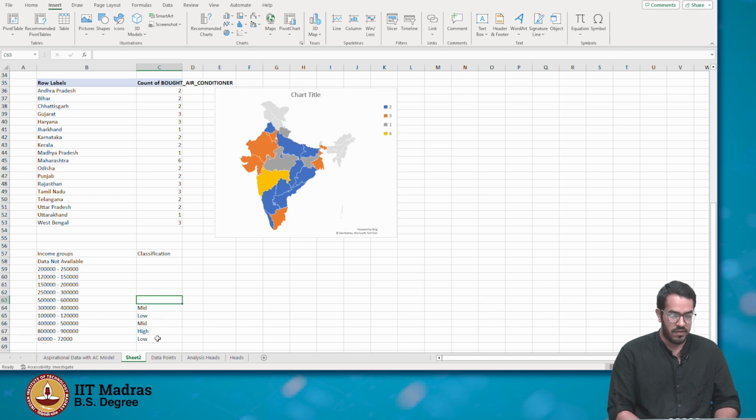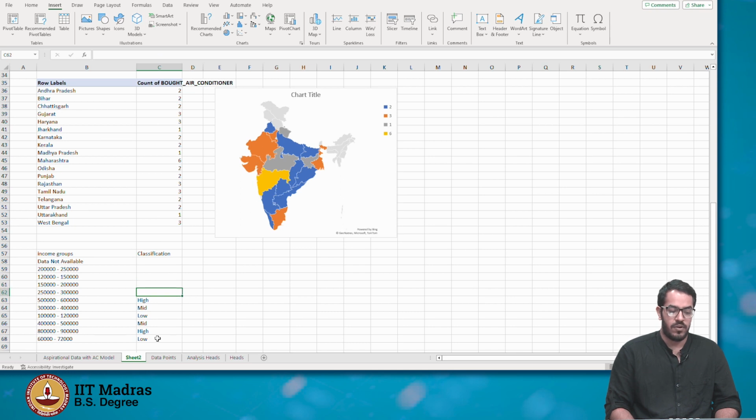Again, 5 to 6 lakhs is pushing towards a higher end given the data, so I will mention it as high because people are earning around 50 to 55,000 per month here.